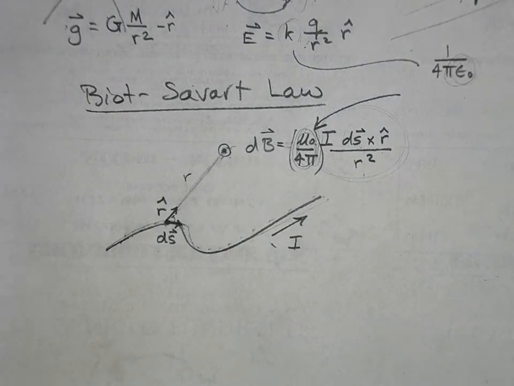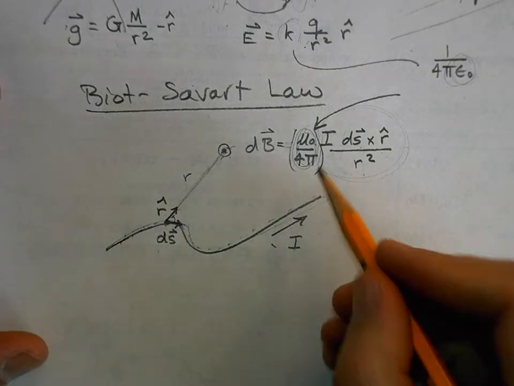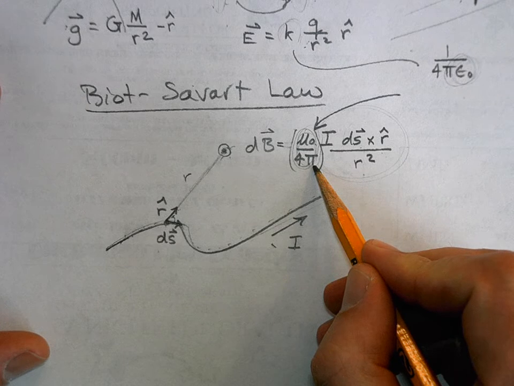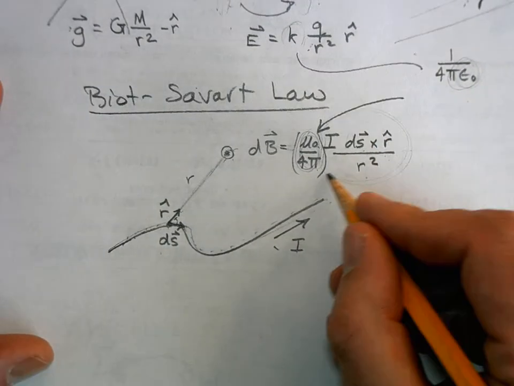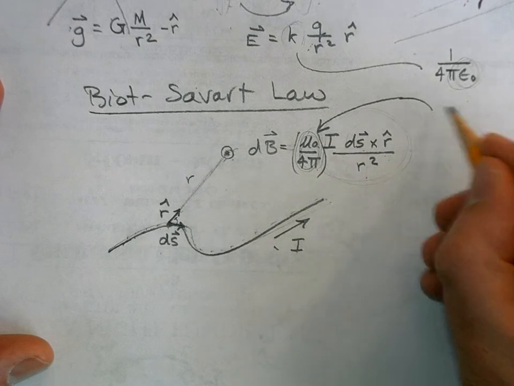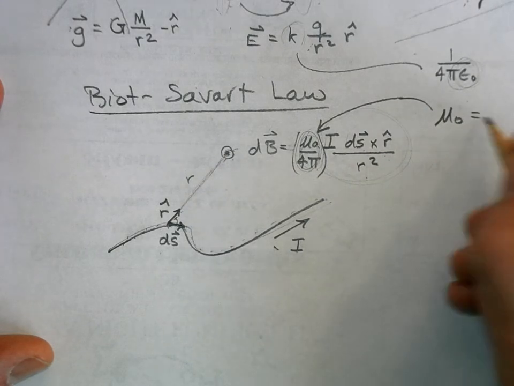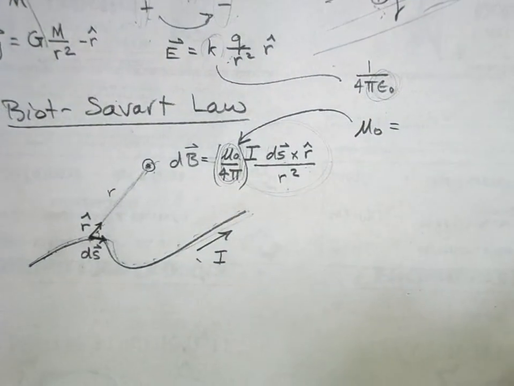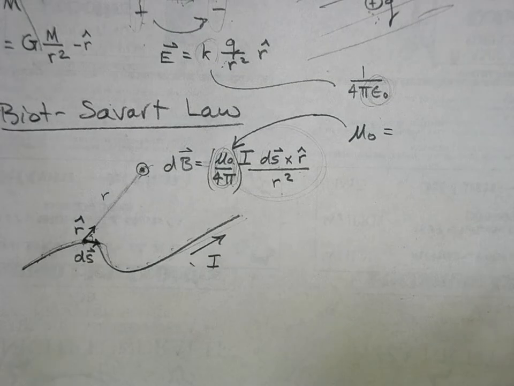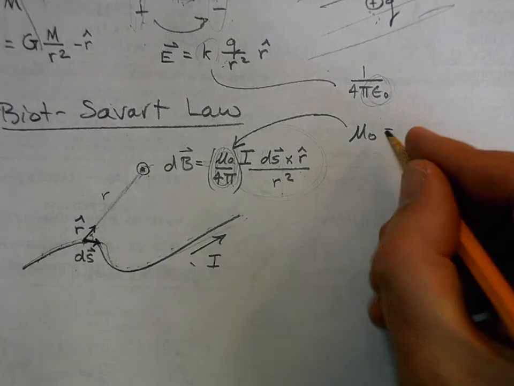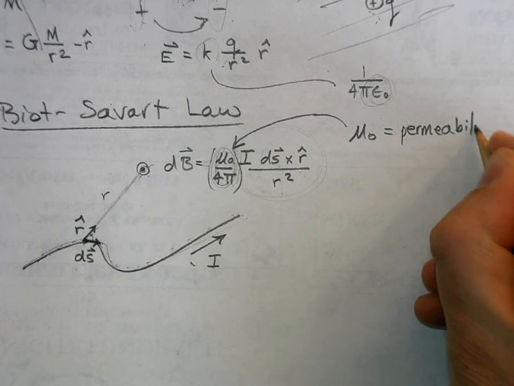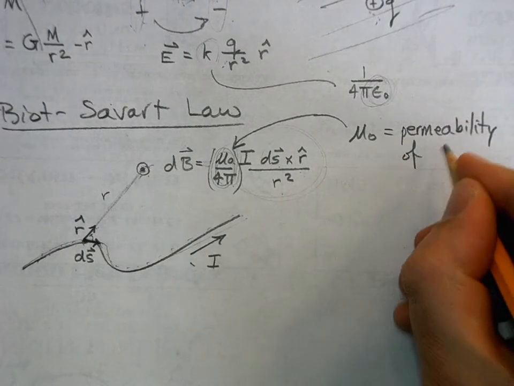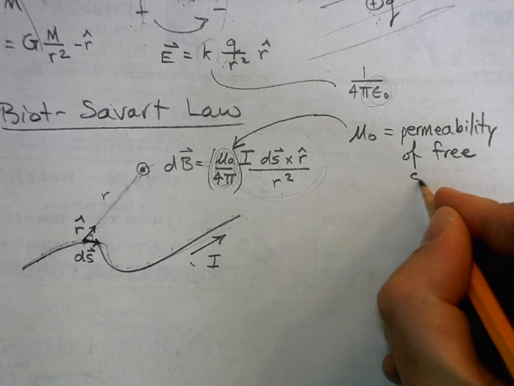Well, we express it this way because this mu naught right here is called, am I still on screen? No, barely. It is called the permeability of free space. Now, free space means it's a vacuum.